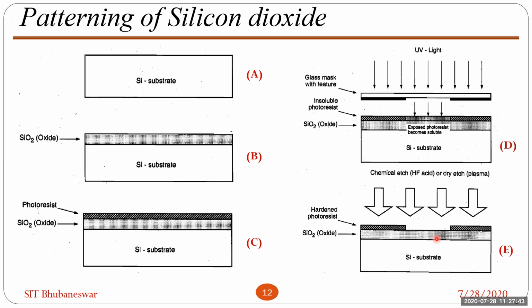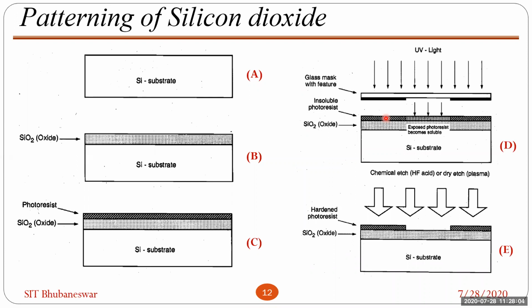Another thing is that there are different types of photoresist: positive photoresist and negative photoresist. If positive photoresist is used, initially it is insoluble, and after light falls, it becomes soluble. Negative photoresist is the opposite.